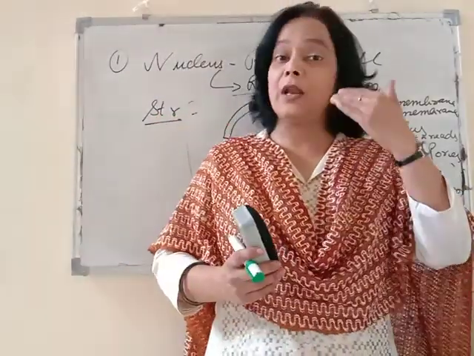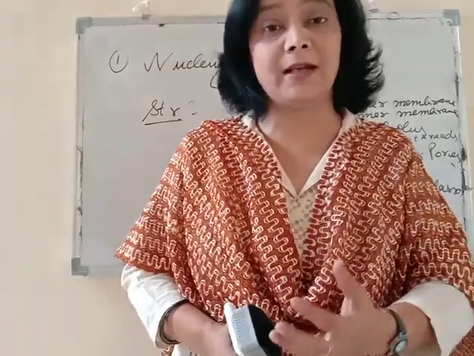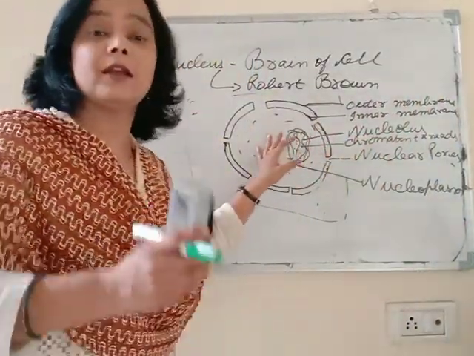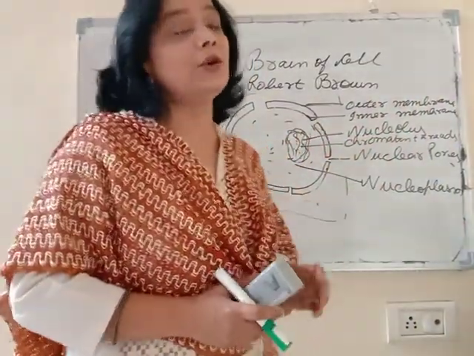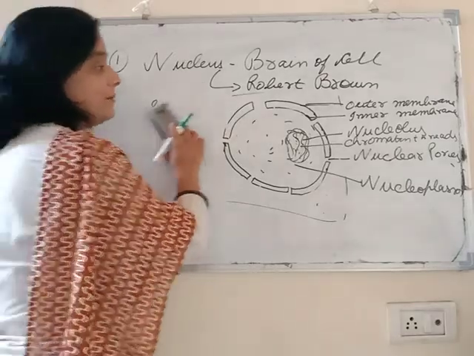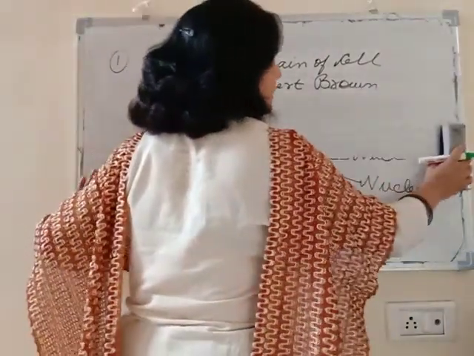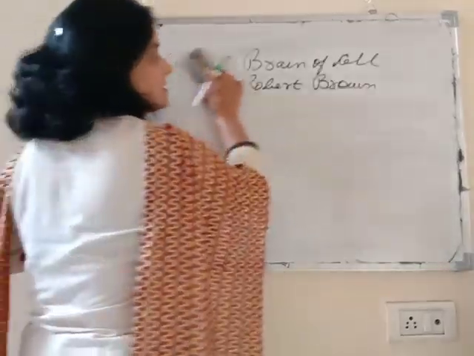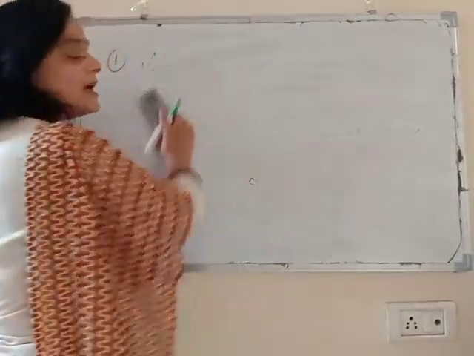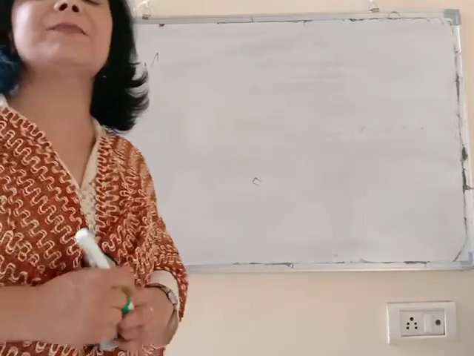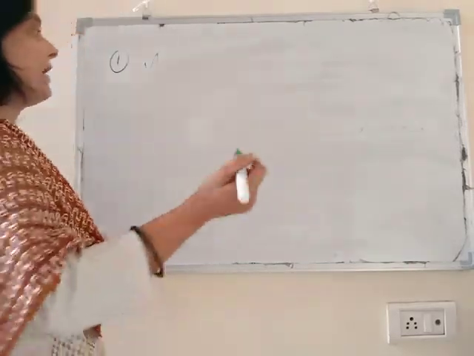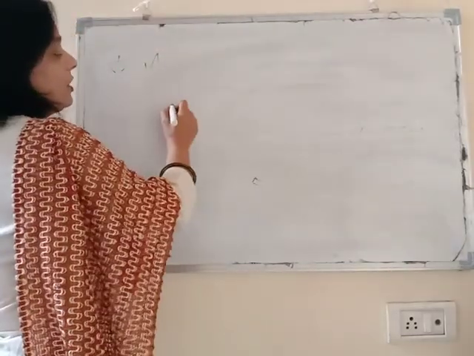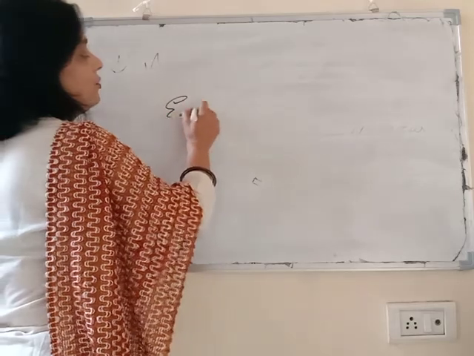Fine? Now if this nucleus is prominent like this one, then the organism is said to be a eukaryote. Apart from controlling the activities of the cell, it also has taxonomic value, meaning classification value. If it is present in a well-defined manner, then the organism is called a eukaryote.